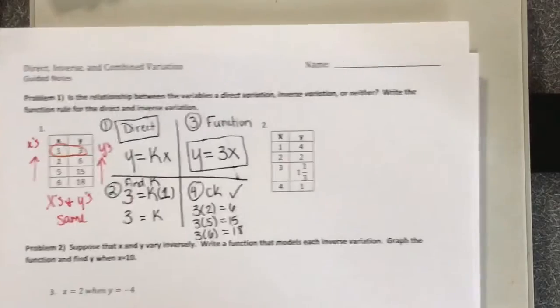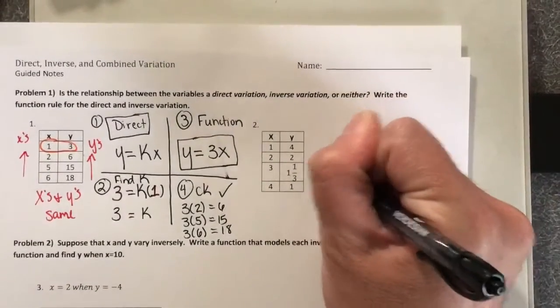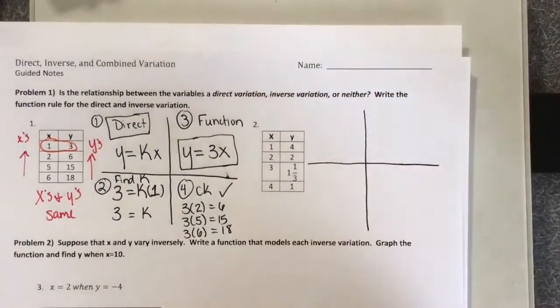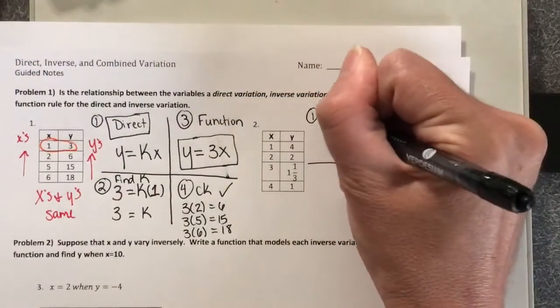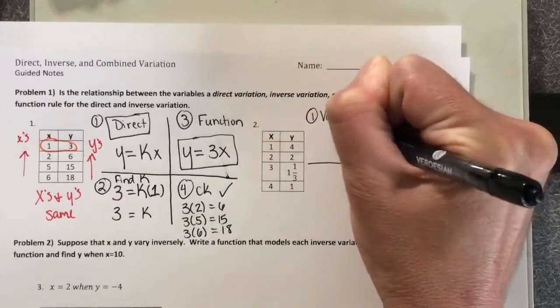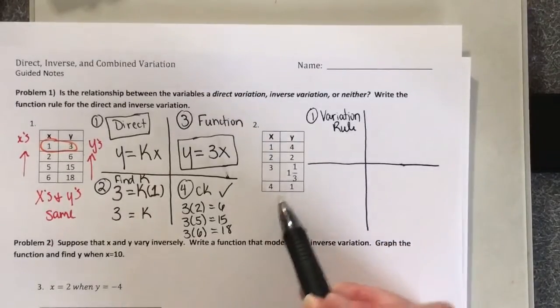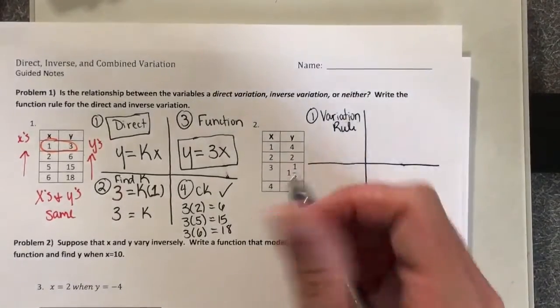Okay, now we're going to look at our second one. So set up our 4 steps. First, we have to determine our variation rule. The x's are increasing, but the y's are decreasing.